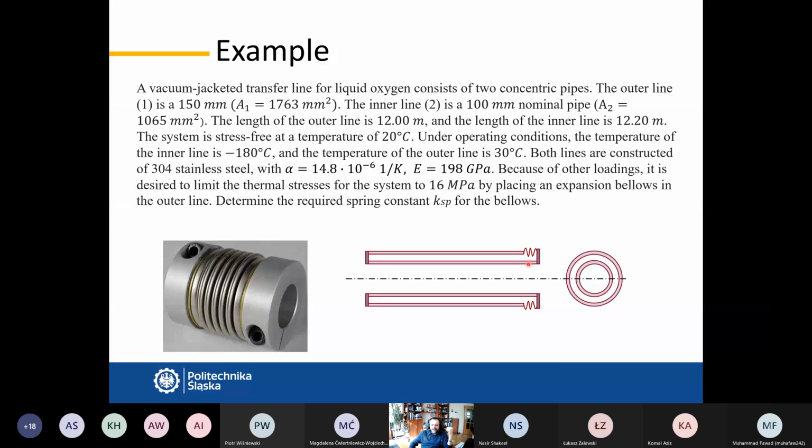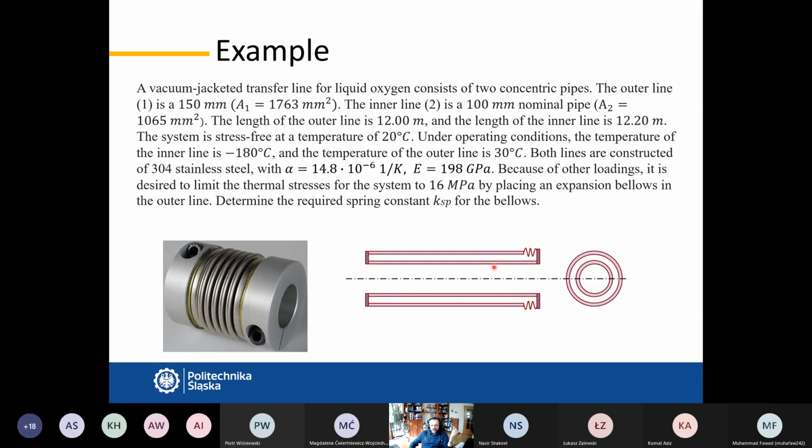The internal pipe is longer by 20 centimeters. So there is 20 centimeters between them. And here there is an elastic element placed, so such bellows. The elastic element plays the same role as a spring.